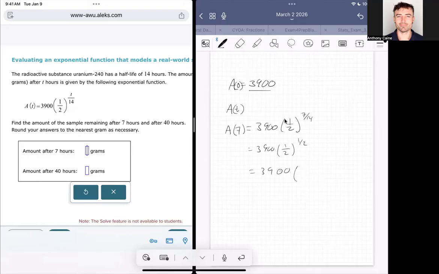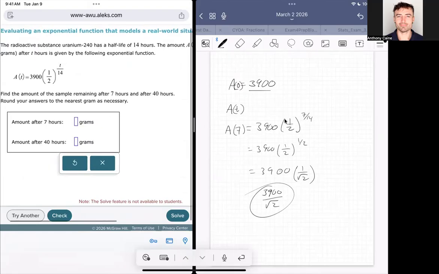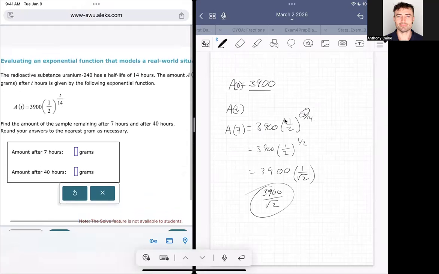That's the same thing as the square root, which is the same as 1 over root 2, so this ends up being 3,900 over the square root of 2. Now, do we round? It says round your final answer to the nearest gram, so yes, we would round. I'd use a calculator for that and then enter my answer. The same idea applies for 40, but instead of a 7, it would be a 40. Those are those types of problems.